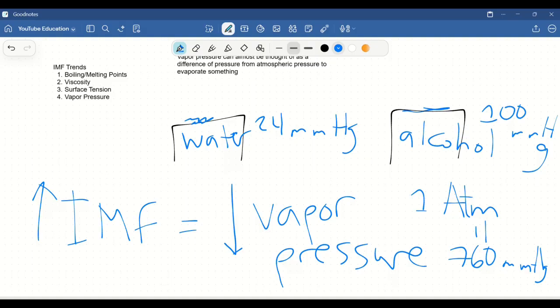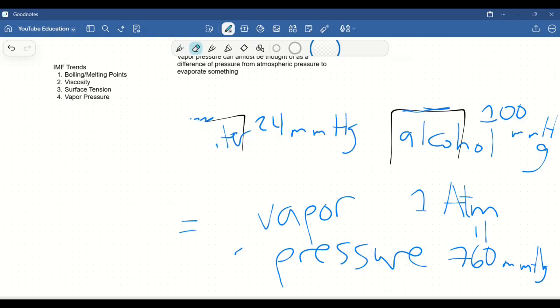If it's closer to the atmospheric pressure, it will more readily evaporate. As you can see, water's vapor pressure is much further from atmospheric pressure than alcohol, so it'll take a lot more to evaporate water than for alcohol.